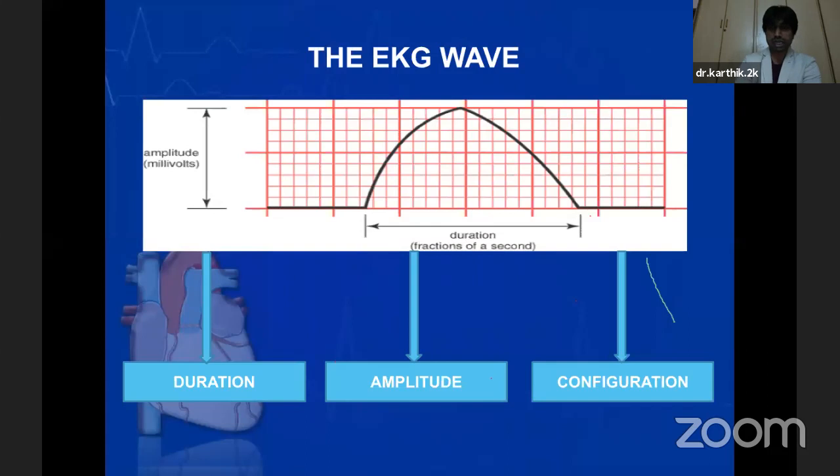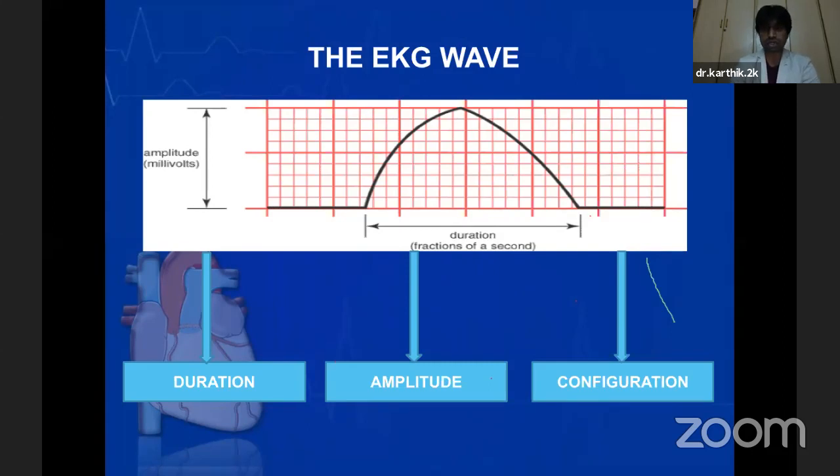So coming to the electrocardiogram. The electrocardiogram basically records the flow of these electrical impulses in the heart, and it studies if there are any abnormalities or deviation from the normal. So in an EKG, you will have a wave or an interval.